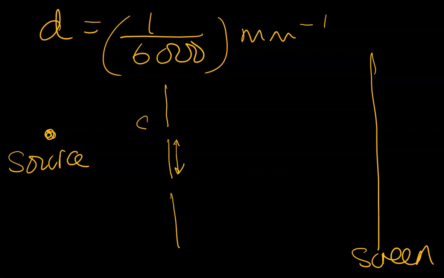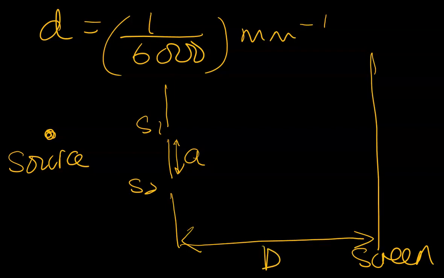Your slits are S1 and S2, and they are a separation A apart. And you have the distance of the screen from these slits. We're going to call that capital D. And initially, I'm going to show a wave. So you're going to have your source here, right? And it produces the patterns, right?